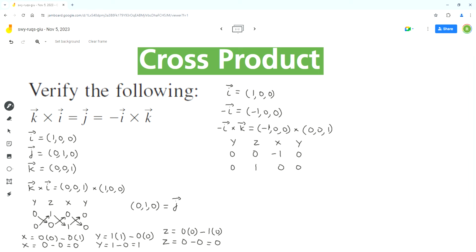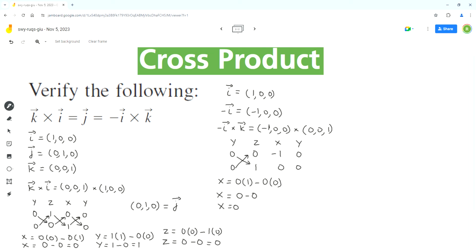Now we can cross multiply the components to find the x, y and z components of the vector product. So let's start with the x component. 0 times 1 minus 0 times 0. So I get x equals 0.